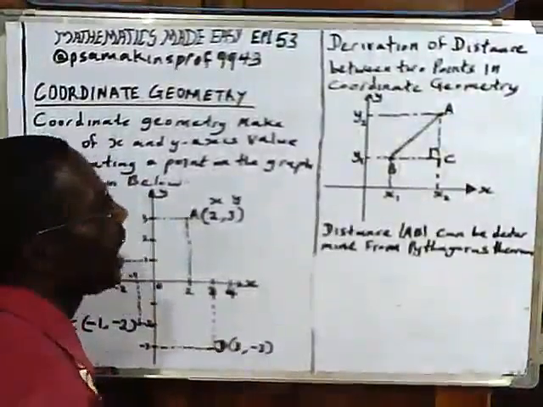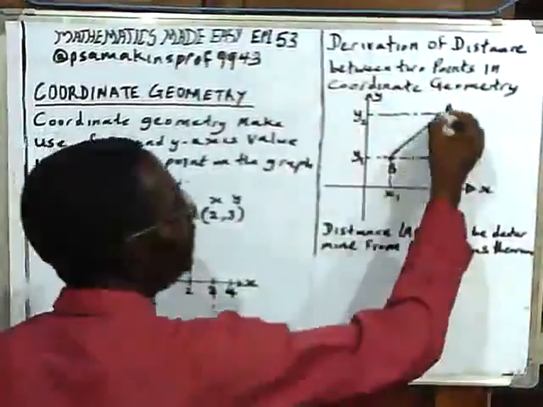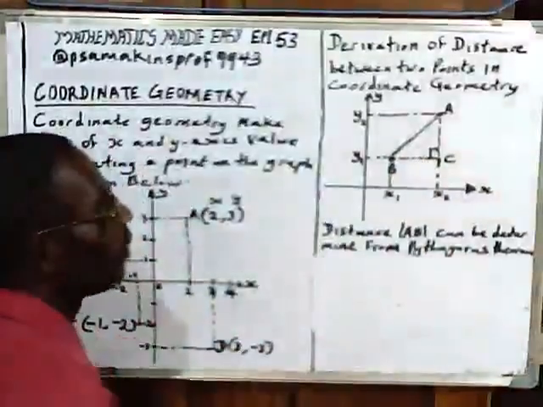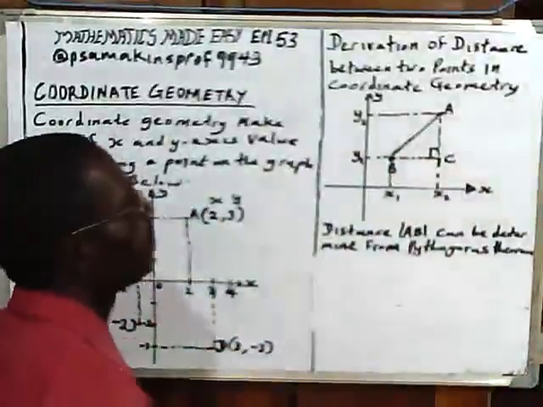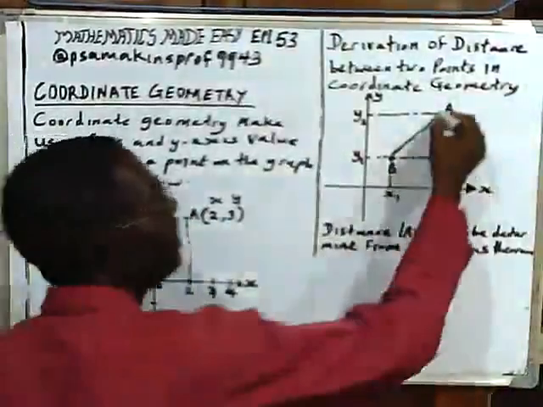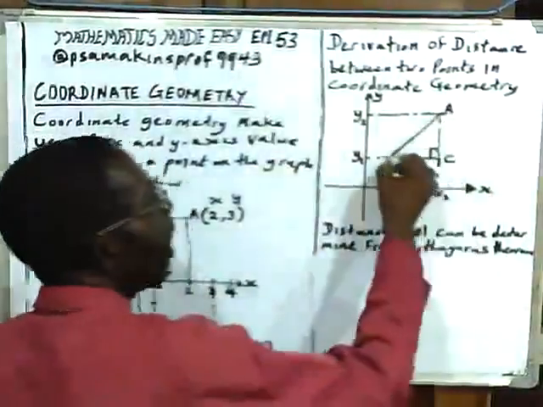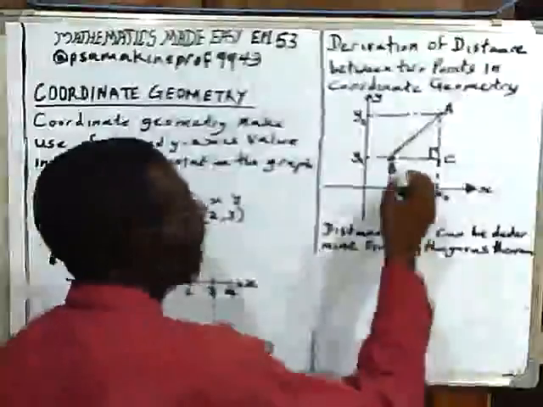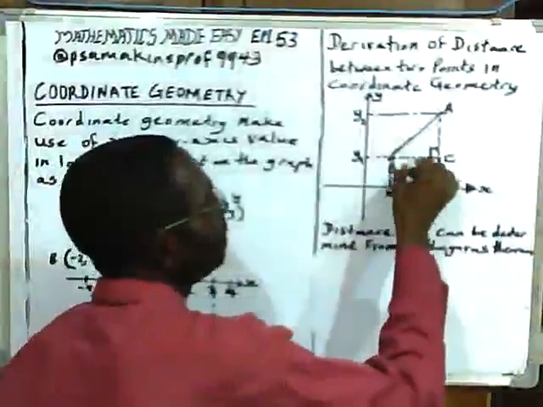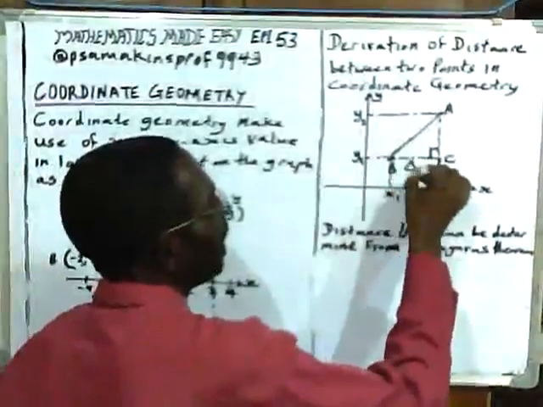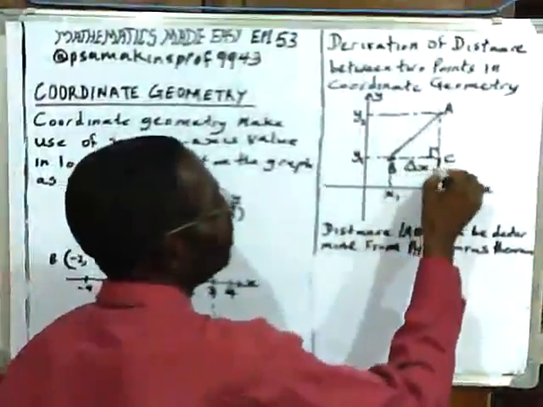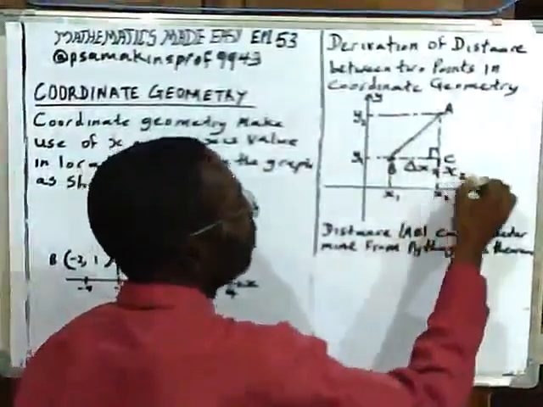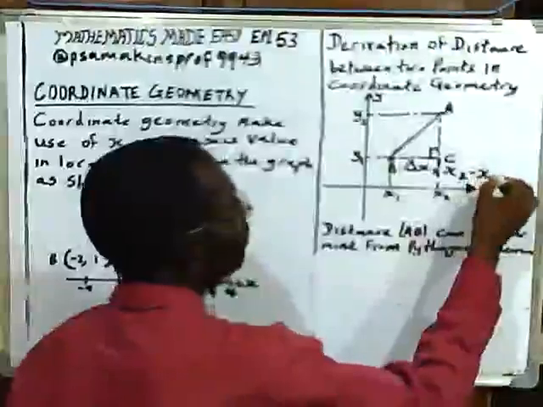Now we move on to derivation of the distance between 2 points in coordinate geometry. Assuming we have point A and point B with ungiven coordinates, we want to get the distance between A and B, not the slope. So we have change in x here, which is x2 minus x1.